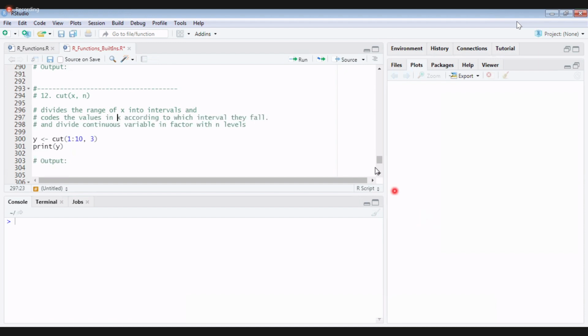First, it divides the range of x into intervals, which you will be giving. Then it codes the values in x according to which interval they fall, and divides the continuous variable into a factor with n levels.